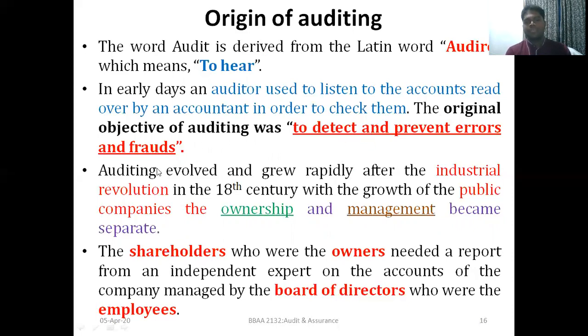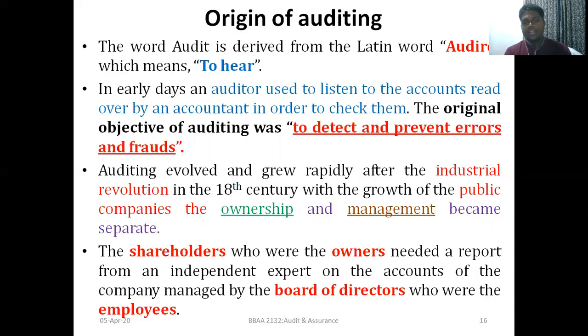Please remember, the third point says auditing evolved and grew rapidly after the Industrial Revolution in the 18th century with the growth of public companies. The ownership and management became separate. This point is very, very important as a management student.